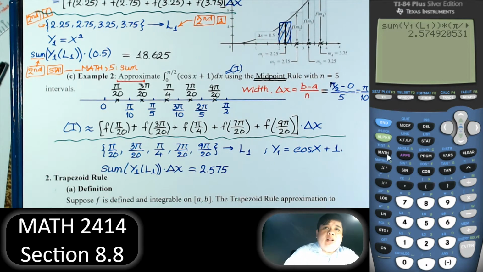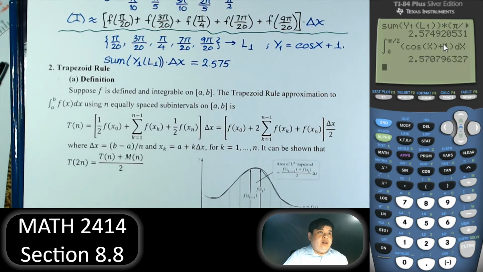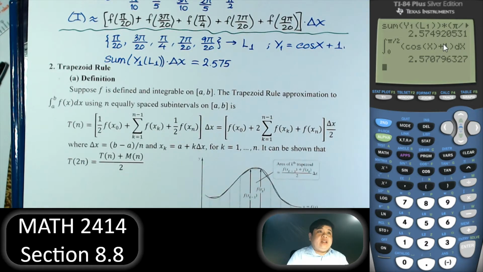Just make sure that this is kind of good. We have to just do the approximation using the calculator. As you see, the approximation is relatively good. Just make sure that makes sense. Right. So that is the midpoint rule.